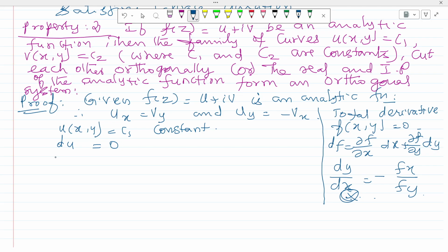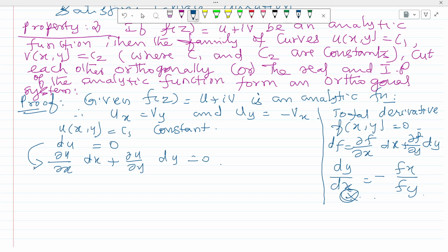Okay, du equal to 0 means dou u by dou x dx plus dou u by dou y dy equal to 0. You have to remember only this one step.